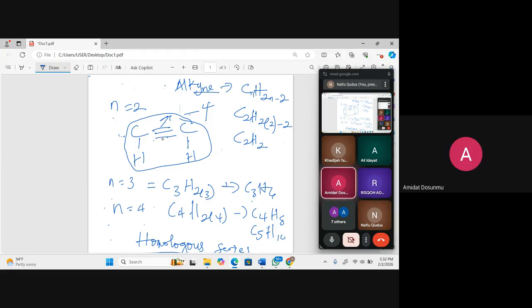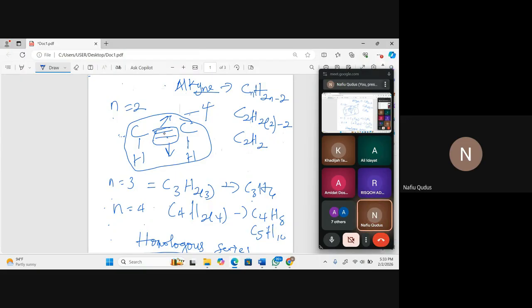From alkane to alkyne, how many bonds do we add to the sigma bond? We add 2. For these 2 bonds, how many electrons do we have altogether?